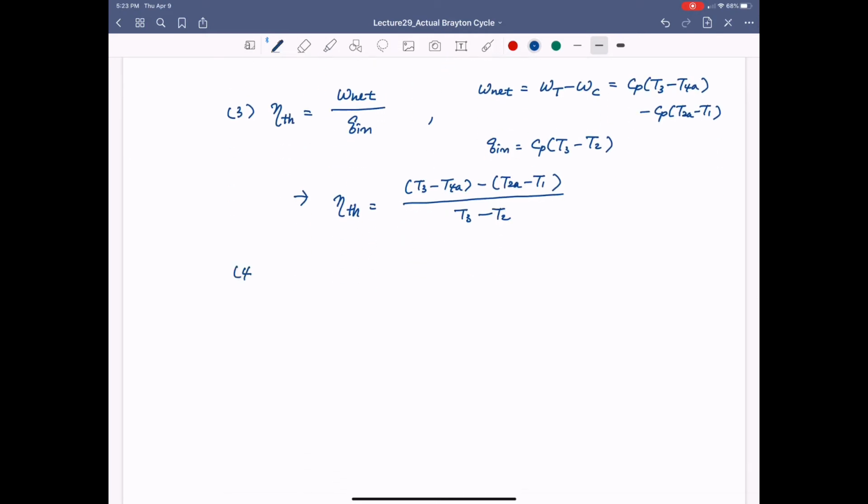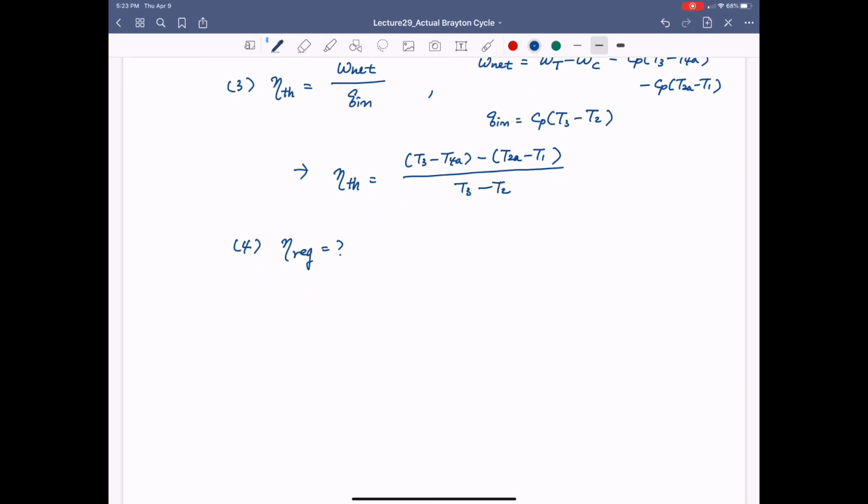The last question is about the thermal efficiency for the regeneration gas turbine. So what it means is we still want to calculate Q in for regeneration. Because the thermal efficiency of regeneration can be written as net work, which doesn't change because there's nothing we have done on the compressor or turbine operation, but we have this equation.